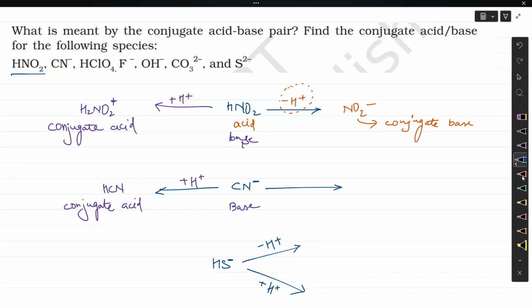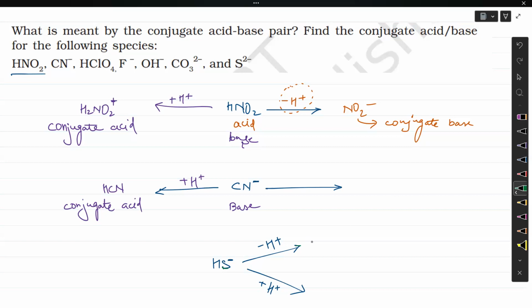So in the first case, when we are removing H plus, will this be an acid or a base? In the top case, it is donating H plus.